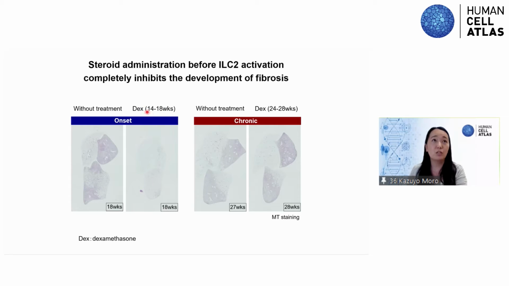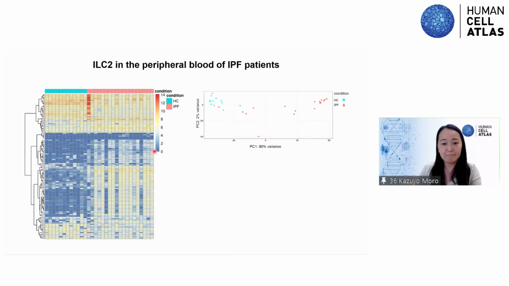But when we start this treatment from age 14, when ILC2 activation starts, but collagen production from fibroblasts is still not occurring, we could stop the fibrosis, which means that if we can find fibrosis patients in the early phase, we can treat these patients by common steroid treatment.